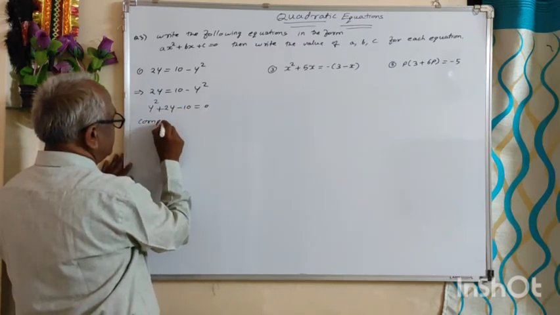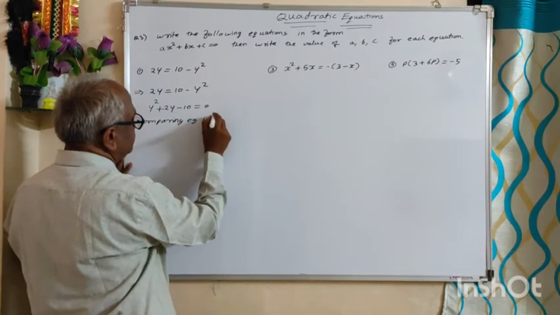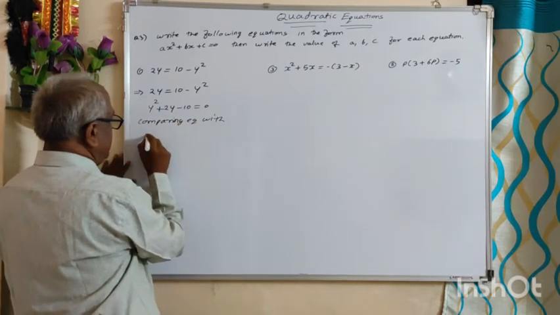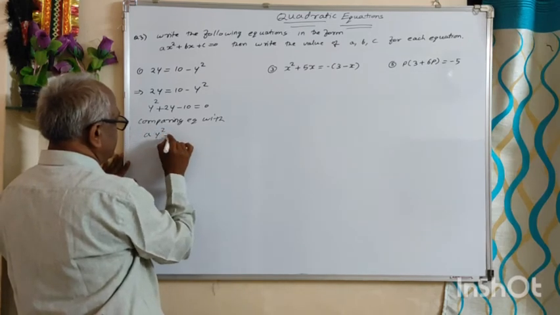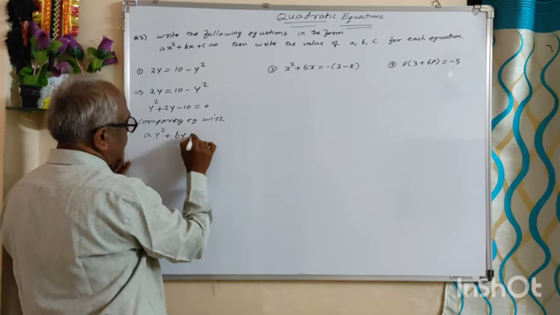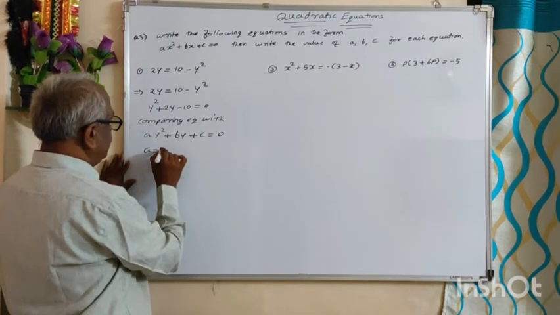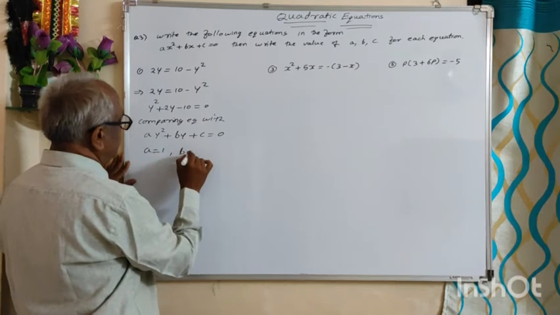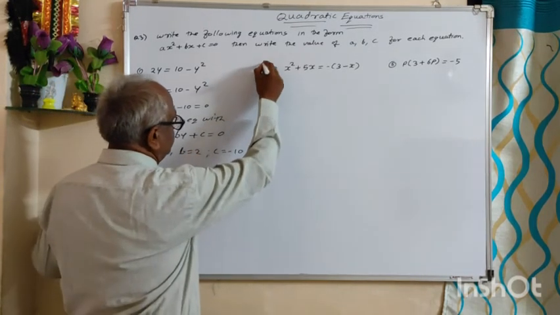Comparing the equation with ay square plus by plus c is equal to 0, where a is equal to 1, b is equal to 2 and c is equal to minus 10.